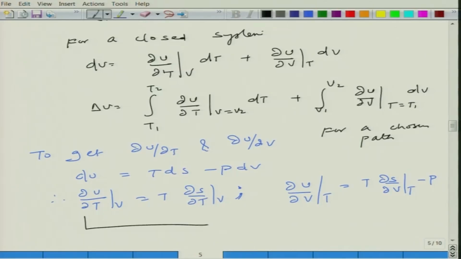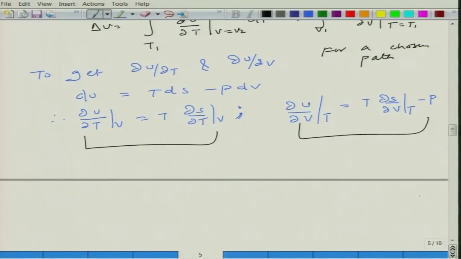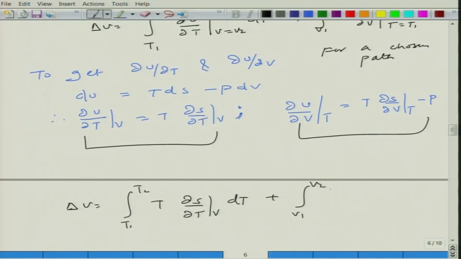So, you have delta u as the integral from T1 to T2 of T del S by del T at V equal to V2 dT plus the integral from V1 to V2 of T del S by del V at T equal to T1 minus P dV, and this is the expression. Okay.